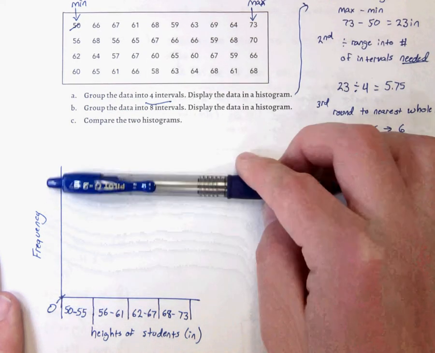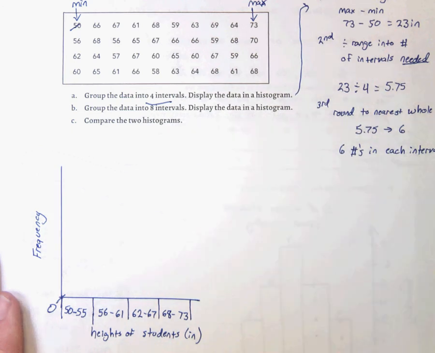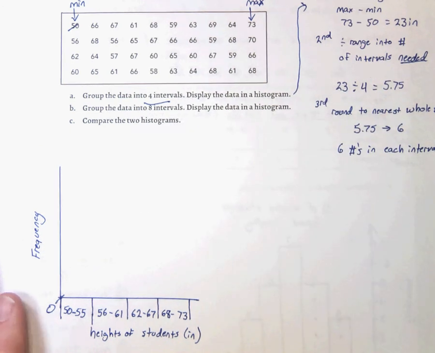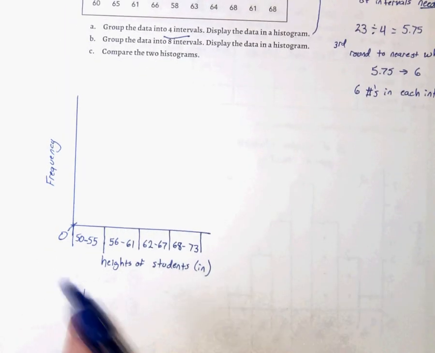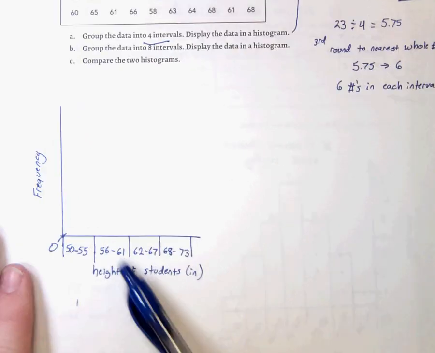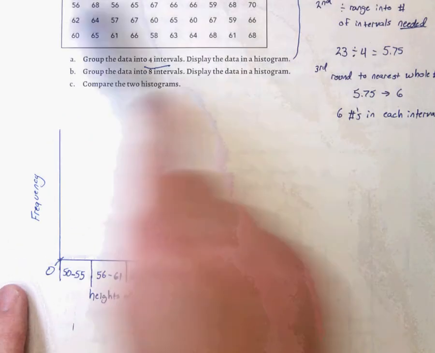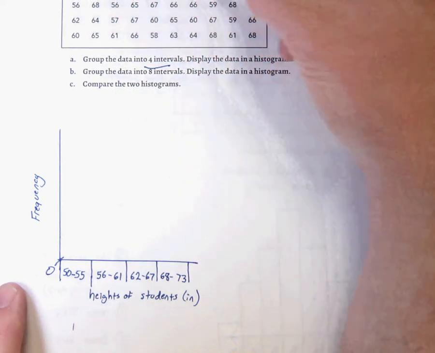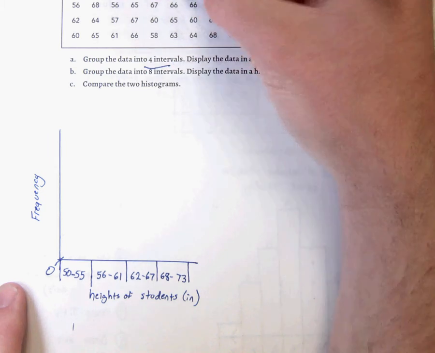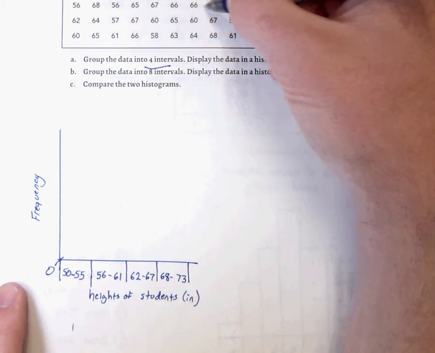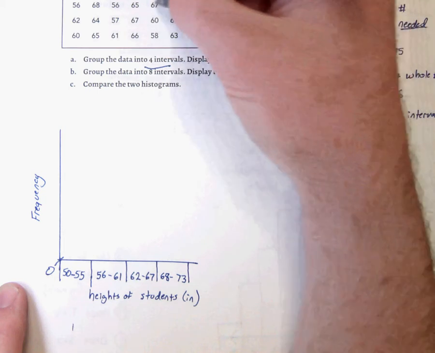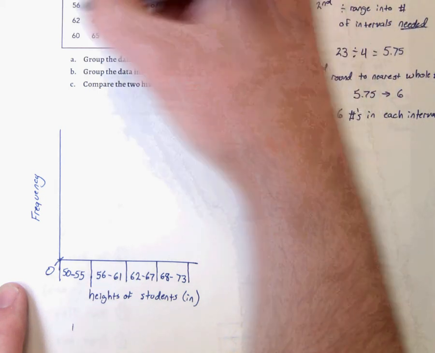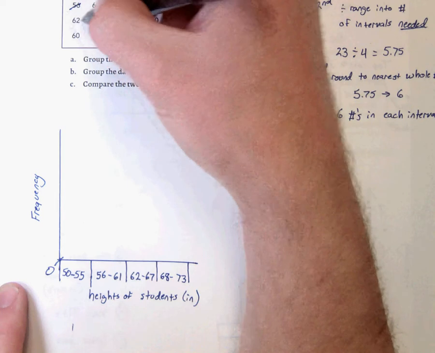So I know one kid is going to be in the 50 to 55. 56 to 61. Let's see, 56 to 61: 1, 2, 3, 4, 5, 6, 7, 8, 9, 10, 11, 12, 13.